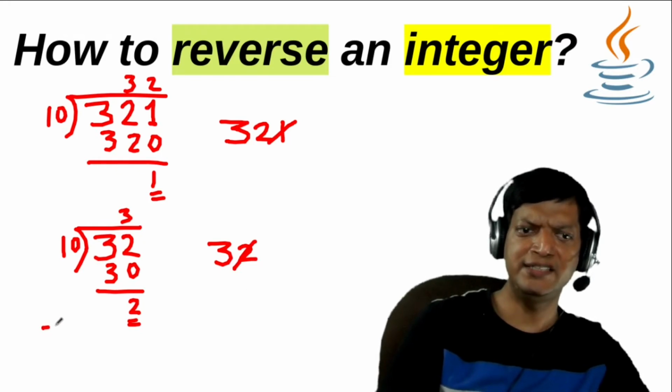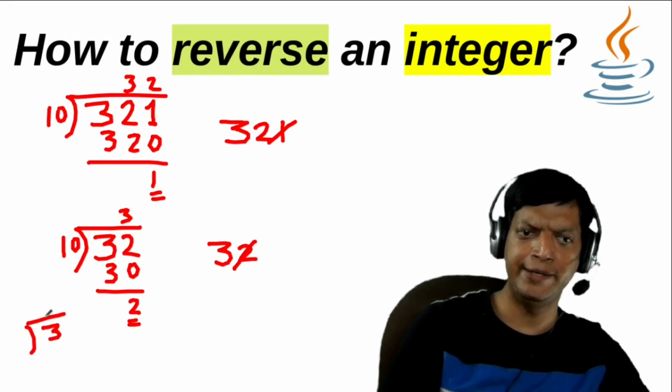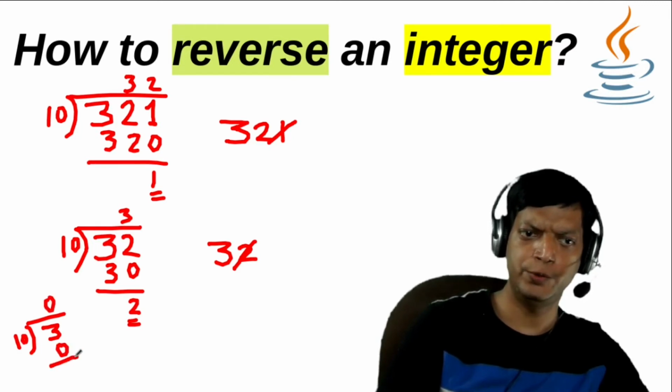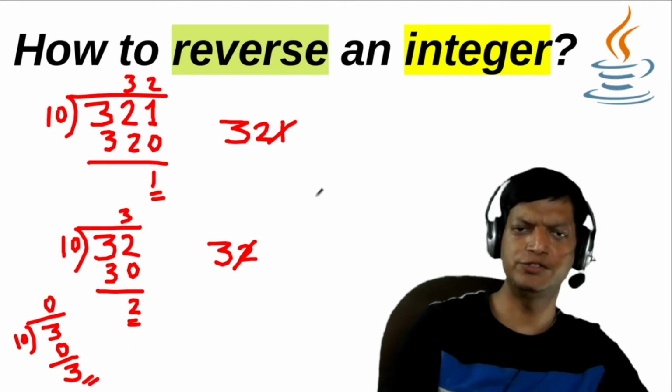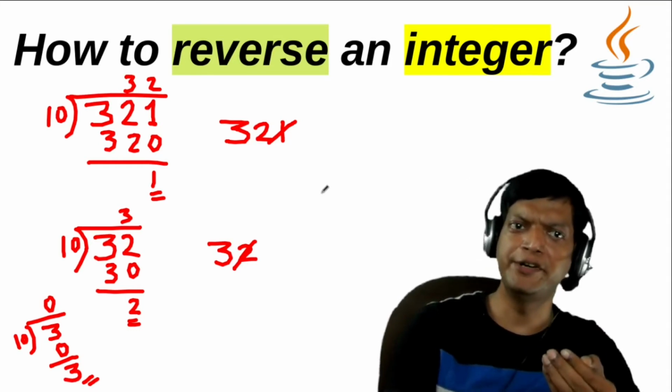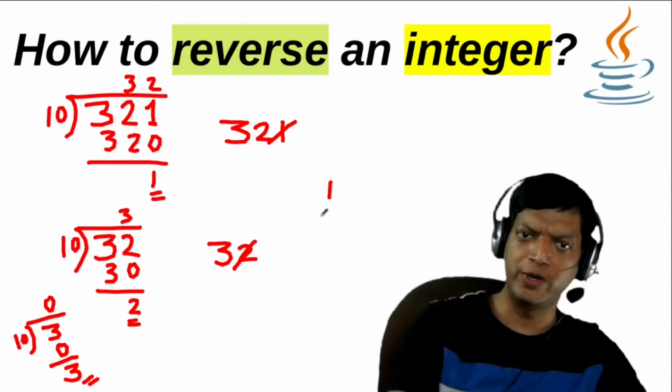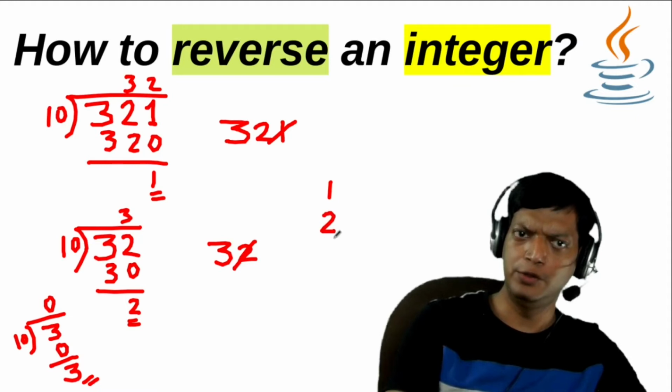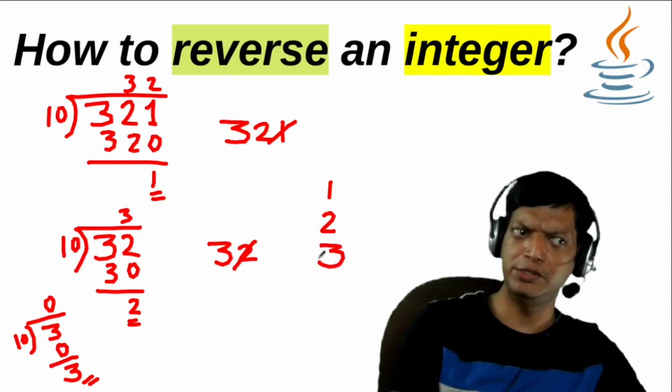And let's say if we divide 3 by 10, 10 into 0 is 0 and the remainder is 3. So we get the 3 out. So this is how you get the digits out, and we get the digits out from the rear. That means first we got 1, then we got 2, and then we got 3.